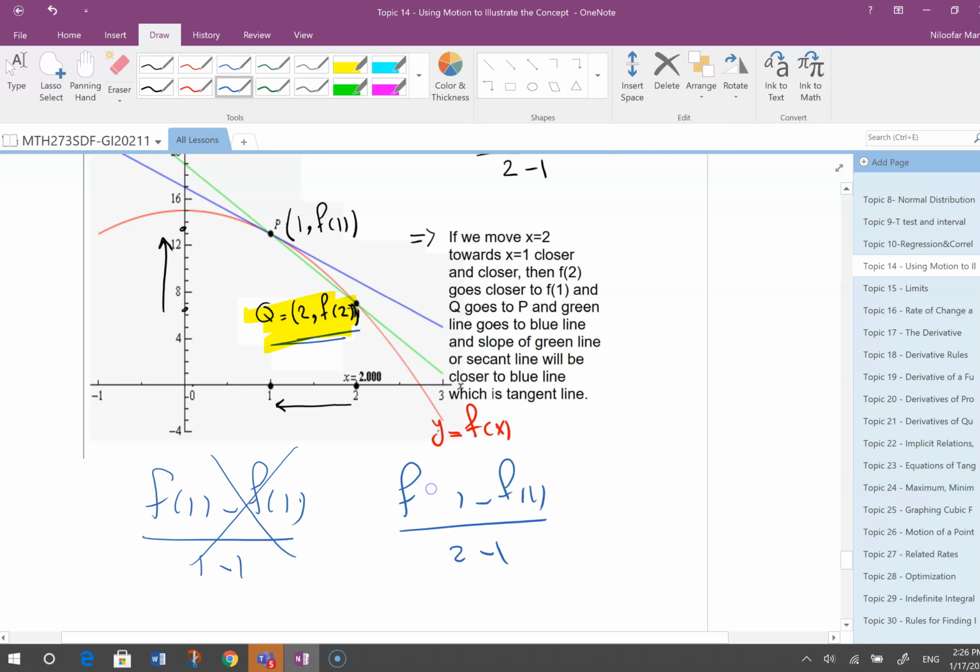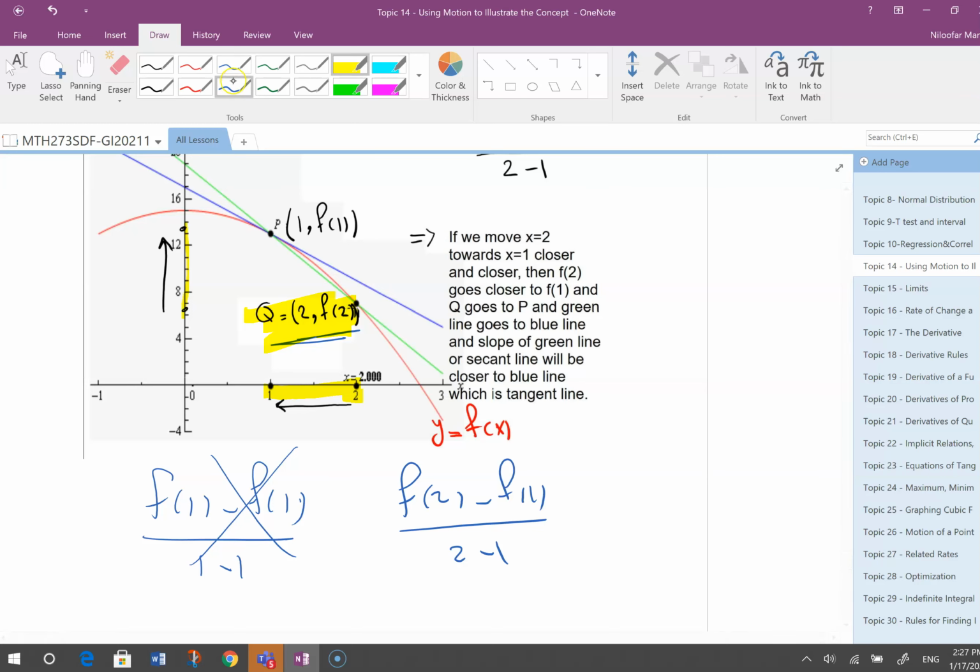Then you would tell me, but you didn't solve the problem because I need the blue one. I say, how about if I take my point as 2, I start and move it toward 1. That means I go closer to 1. When I do that, my point on y goes closer and closer to f(1). f(2) goes closer to f(1).